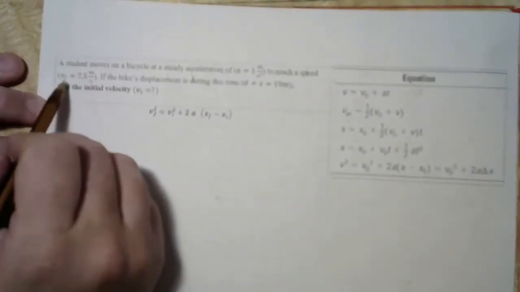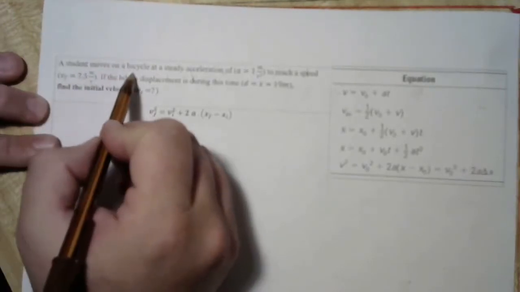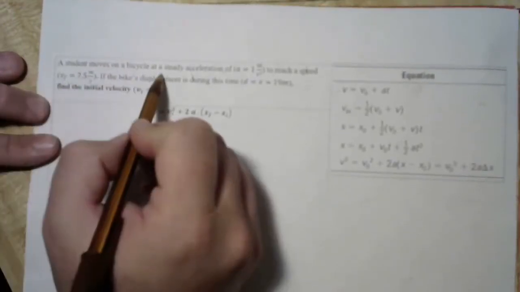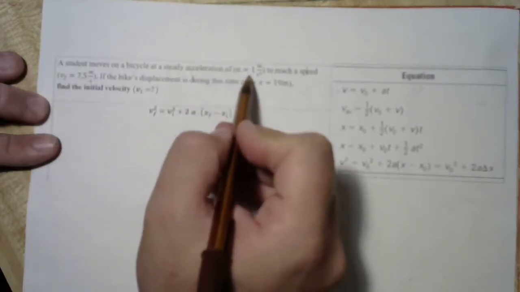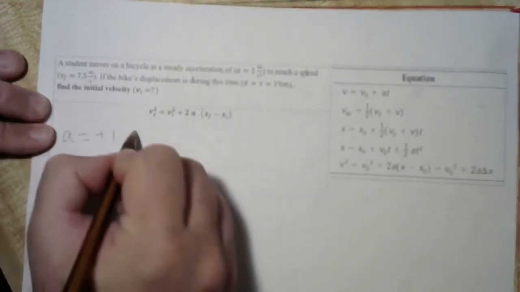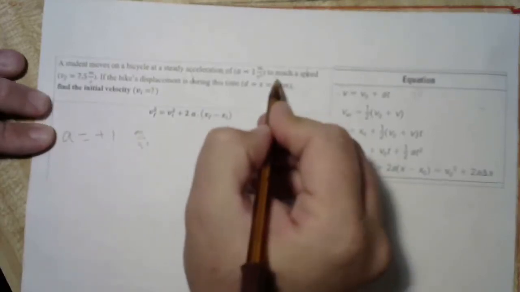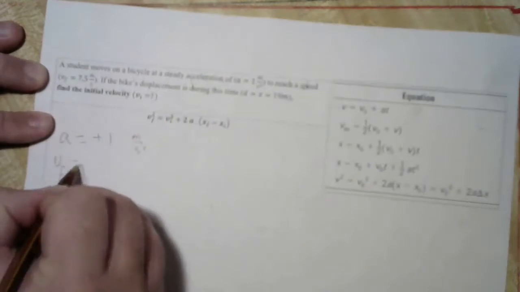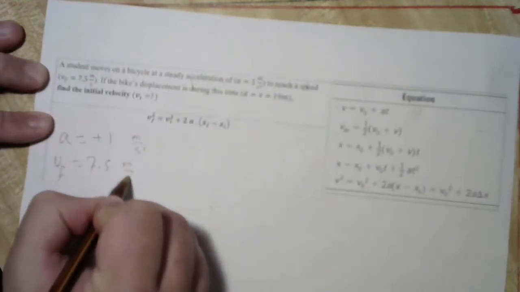Now, this example: a student moves on a bicycle at a steady acceleration. The acceleration is equal to plus 1 meters per square second, to reach speed V final equal to 7.5 meters per second.